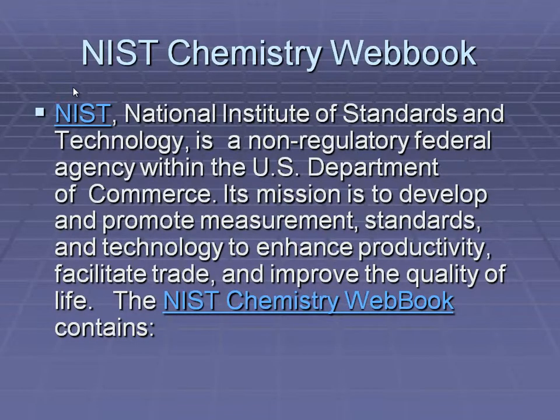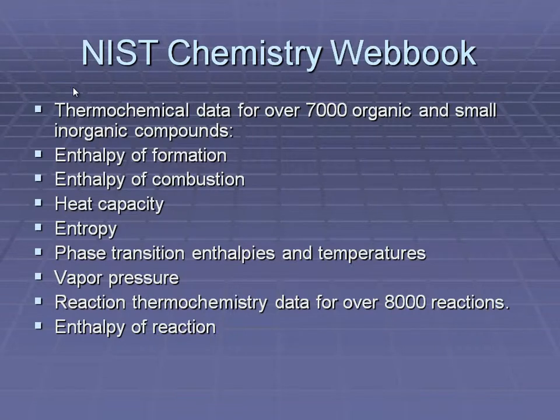Okay, the NIST Chemistry Webbook. NIST is a government agency, the National Institute of Standards and Technology, and they provide physical and thermodynamic properties of substances. This is the type of data it has.